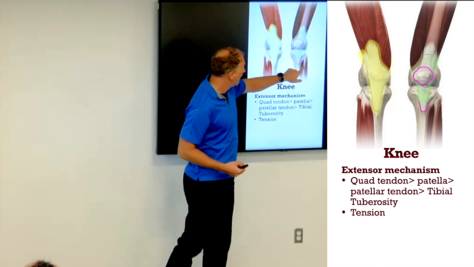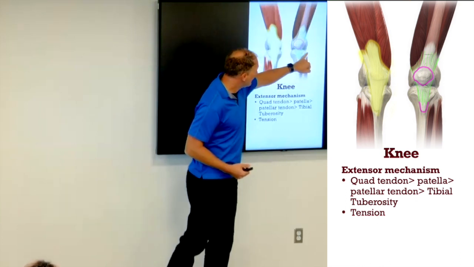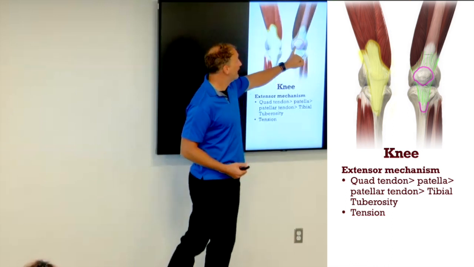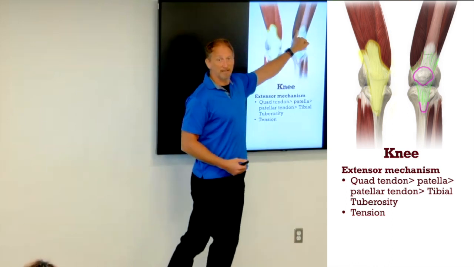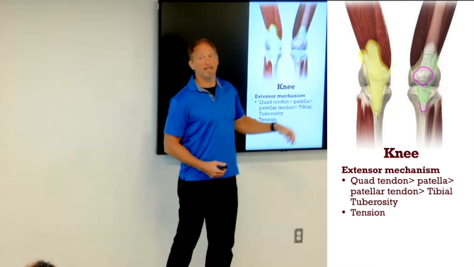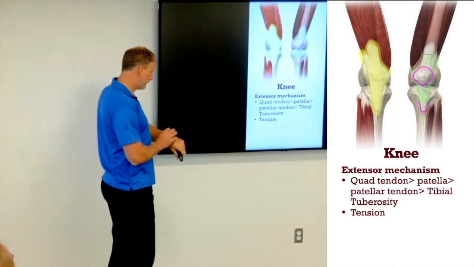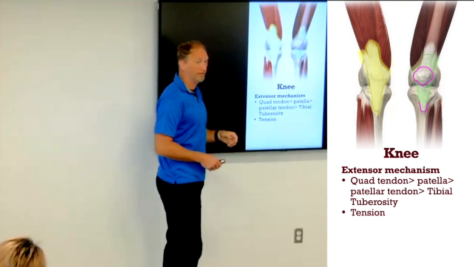It's not like the tibia, fibular head, and a ligament that connects those two. It's a bone that's sitting inside a tendon. So this is a tendon, not a ligament. It has completely different mechanical properties. And that is one thing that drives me nuts.